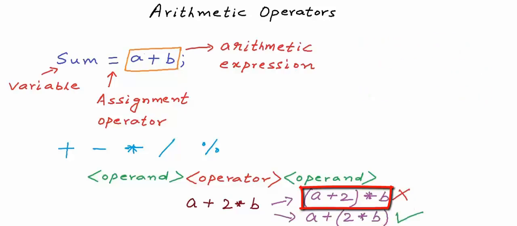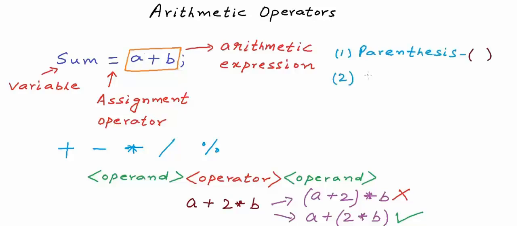In a complex expression, operator precedence is applied to decide the order of operations. In an arithmetic expression, first preference is given to parentheses. Next in priority are multiplication, division, and modulo, and then come addition and subtraction.